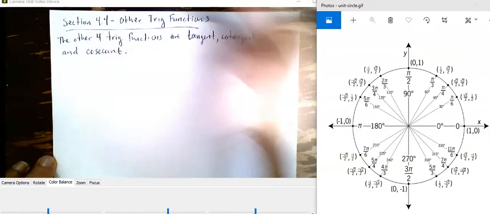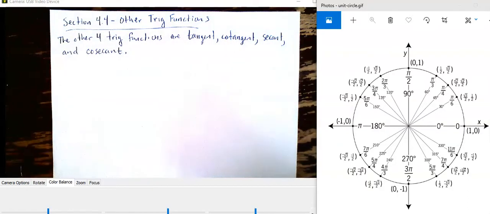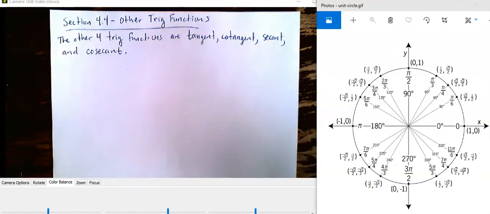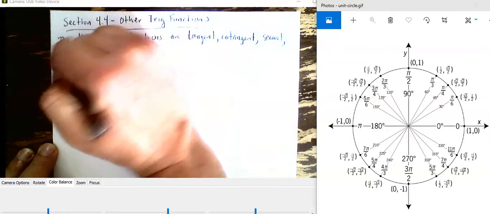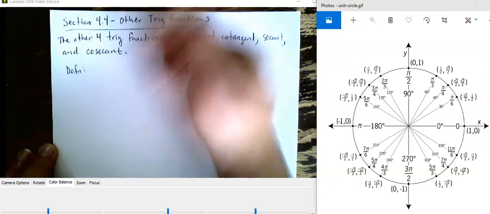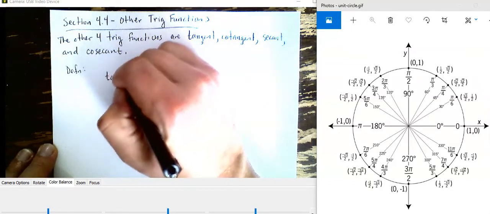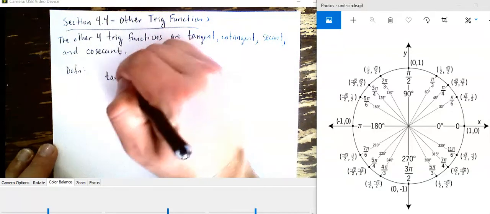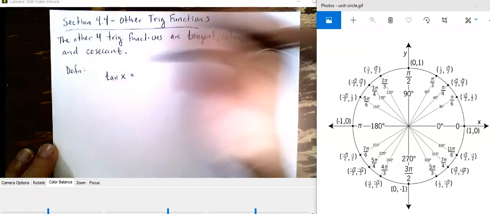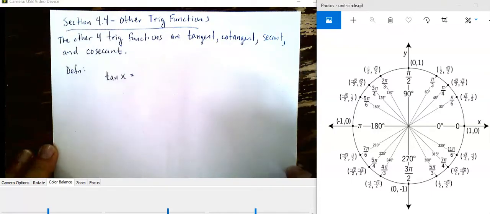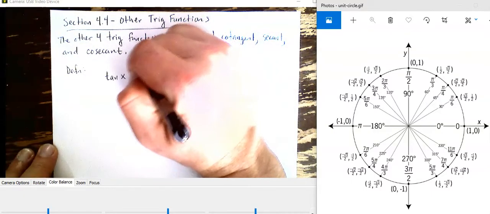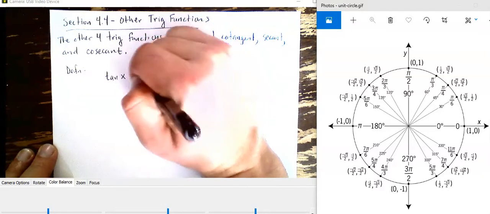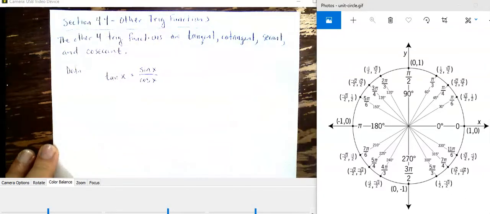Okay. So we've previously defined these values. So let's just recall the definitions. Tangent of some value of x is equal to sine of x divided by the cosine of x.